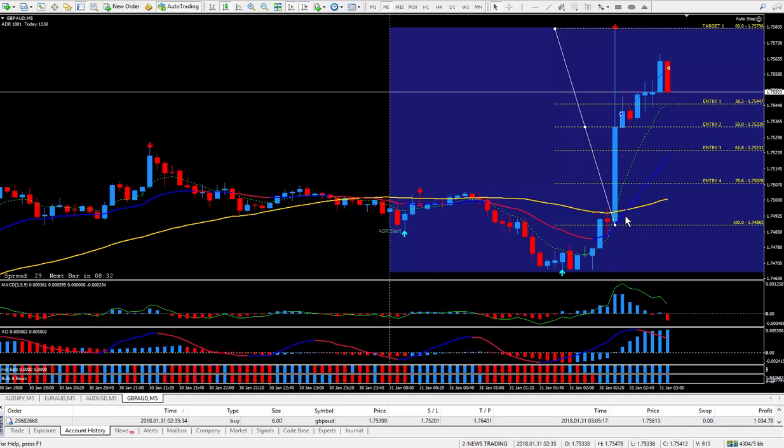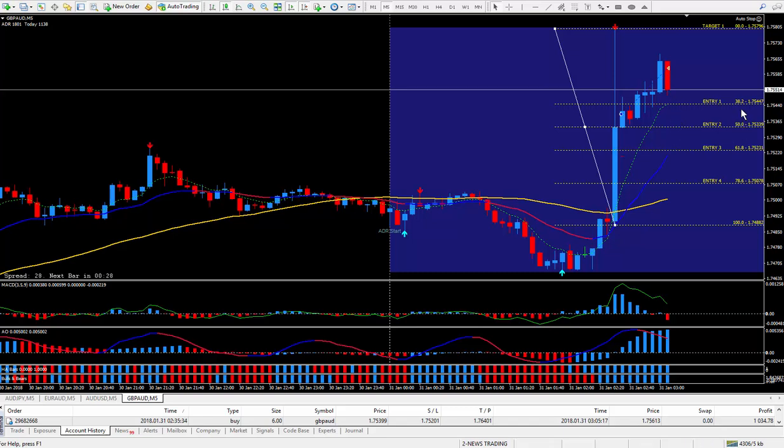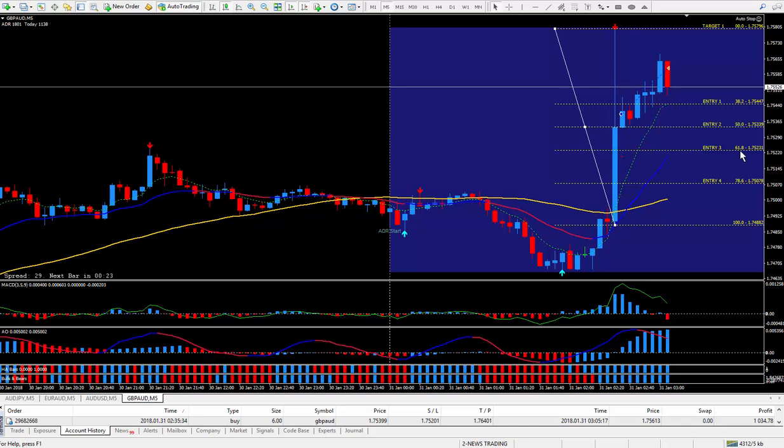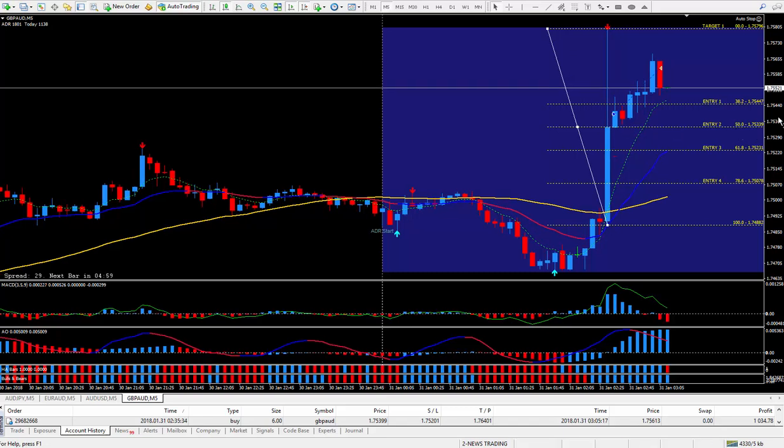You just go from swing low to swing high. You wait for the retracement, either 38 or 50 or 61. This is a very popular one also, the 61%. And then take the trade. On the 5-minute candle, the most popular is the 50%.